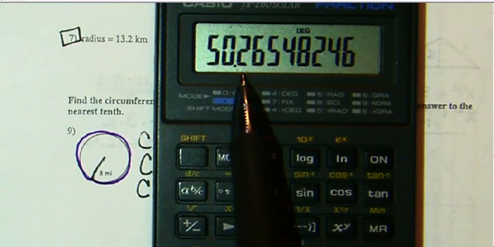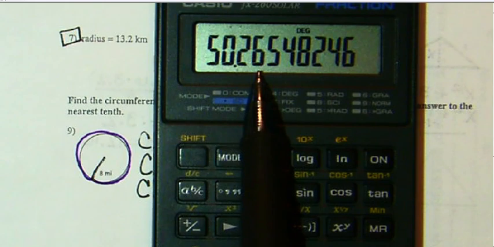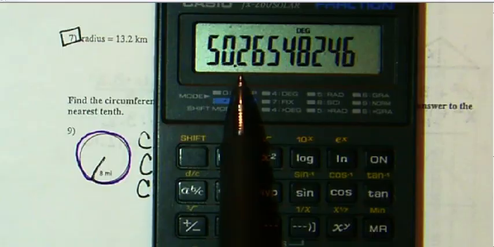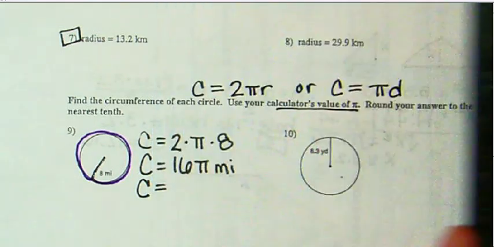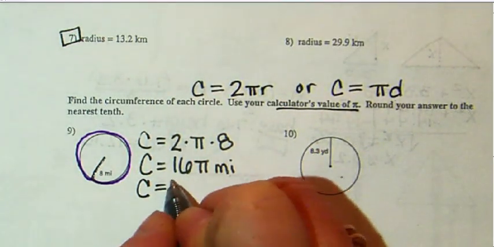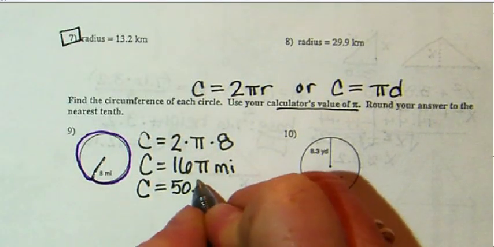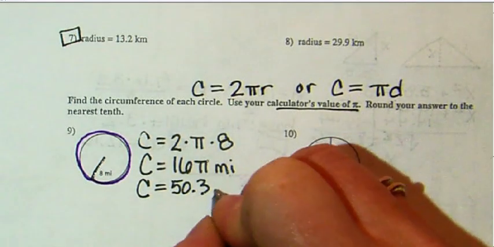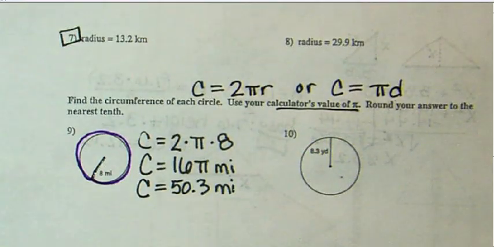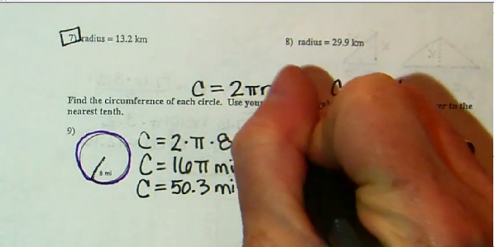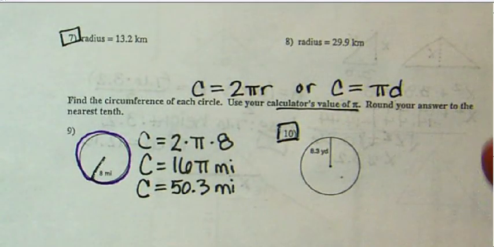So I'm looking at the 2, and directly to the right of it is a number that's 5 or higher, so it tells me the 2 needs to go up to a 3. So my circumference is 50.3 miles. Not squared because this is not area, just miles. All right, I want you to go ahead and try number 10 on your own.